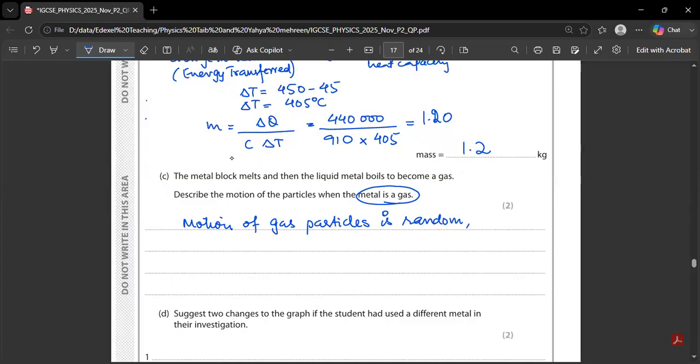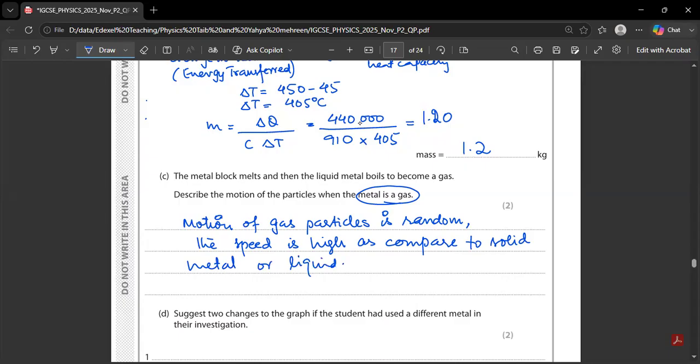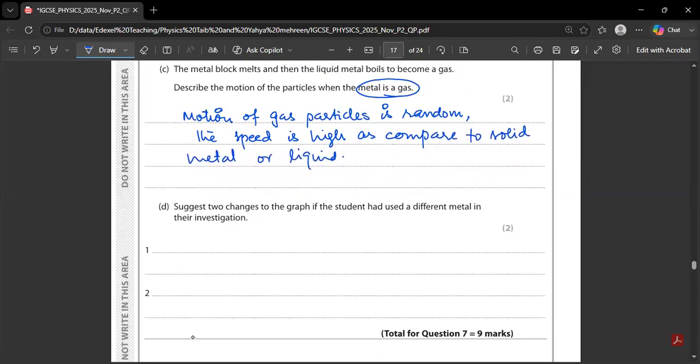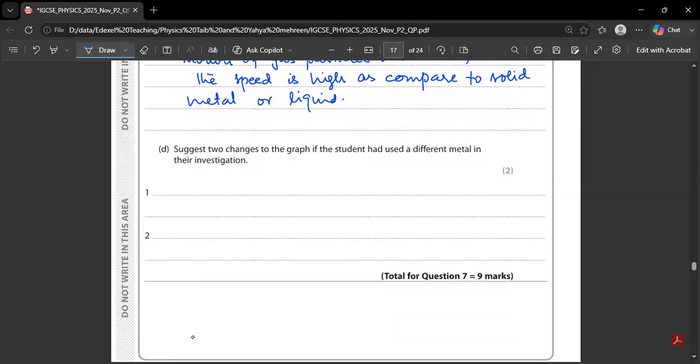And what is the speed as compared to solid and liquid? The speed is high compared to solid metal or liquid.